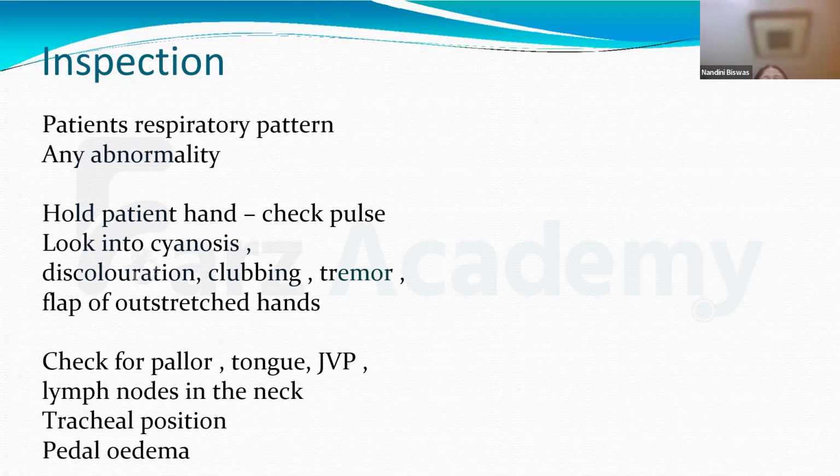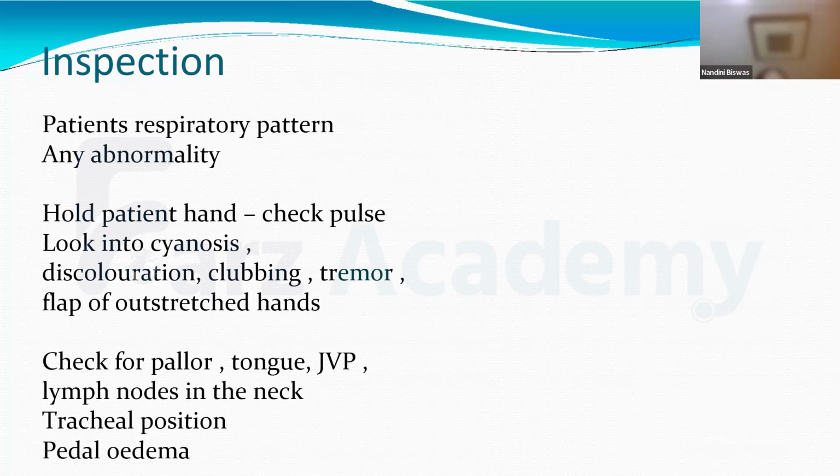Then hold the patient's hands. It gives an idea of whether the patient's temperature is normal. Check for pulse. Count the pulse. Look for cyanosis. Is the patient peripherally cyanosed? Turn the hand around. Look for any tar staining or nicotine staining. Look for clubbing.